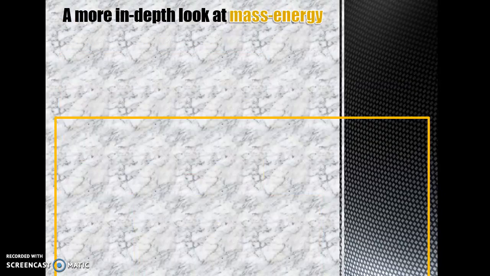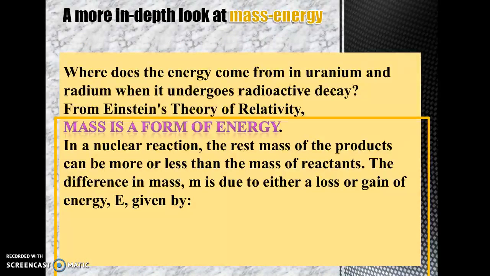Just a reminder about mass energy. Initially there was confusion about where the energy came from when uranium or radium underwent radioactive decay. That's when Einstein's theory of relativity began to give answers. It basically says that mass is a form of energy.